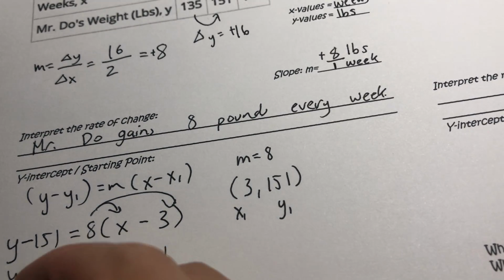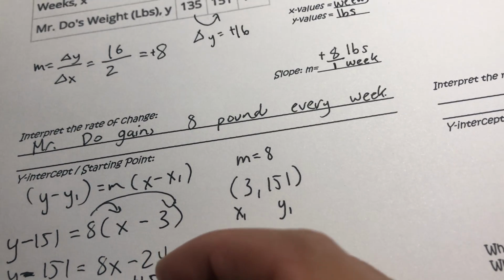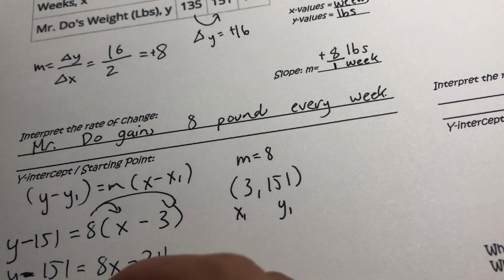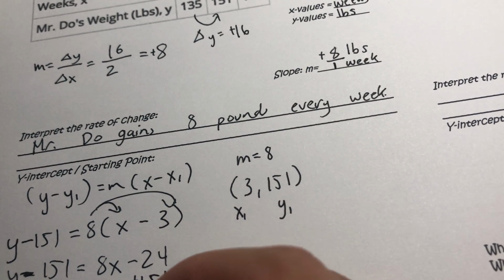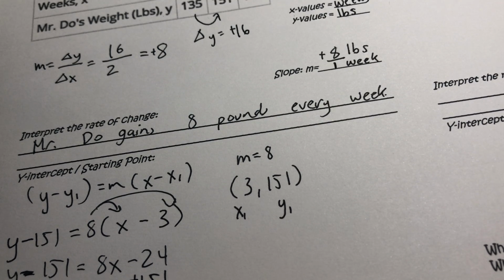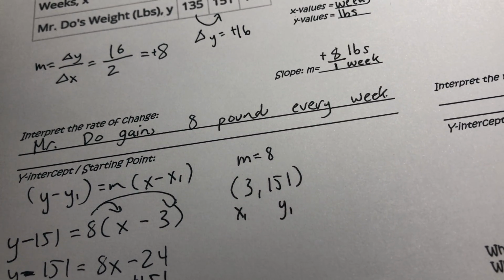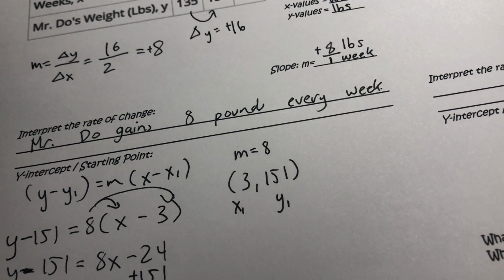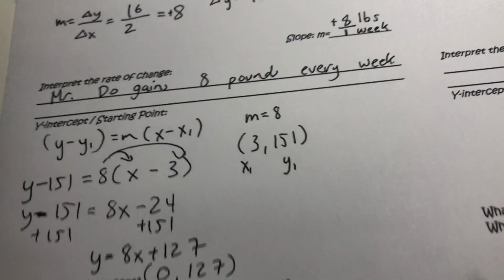And I'm going to add 151 to both sides. And I get y is equal to 8x, and I can do this in my head, plus 127. That means my y-intercept is at 0, 127. What does the y-intercept mean in this context? So what does 0, 127 mean?